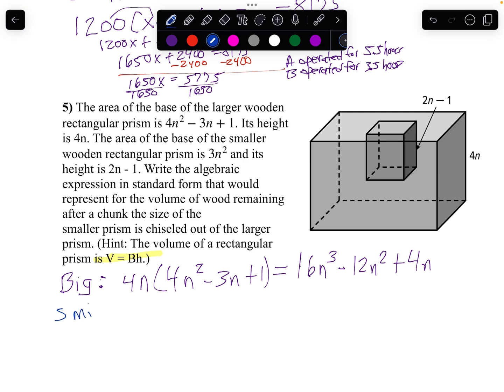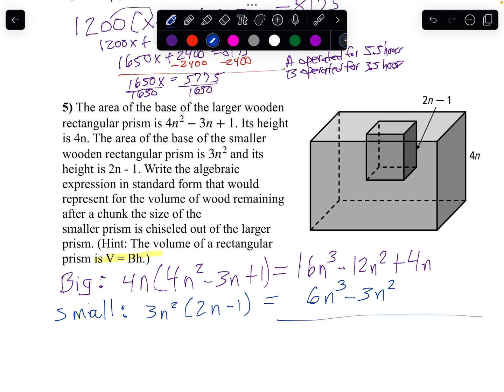Same formula, except on this one, we know the base is 3n squared, and my height is 2n minus 1. So then I'll get 6n cubed minus 3n squared.